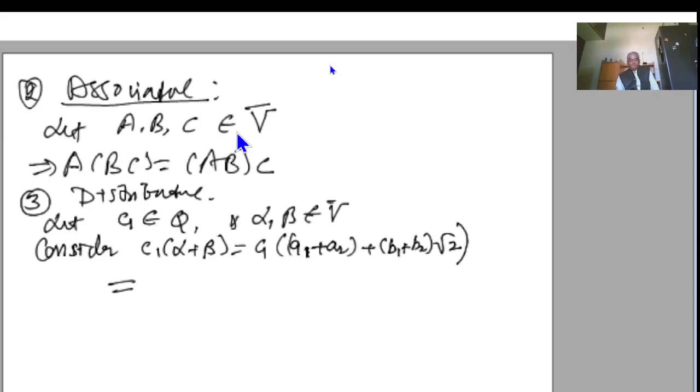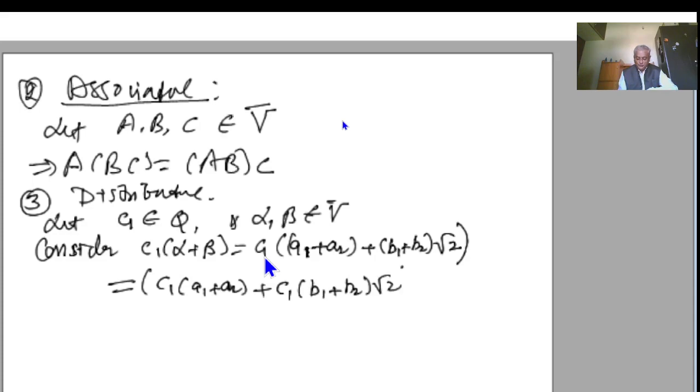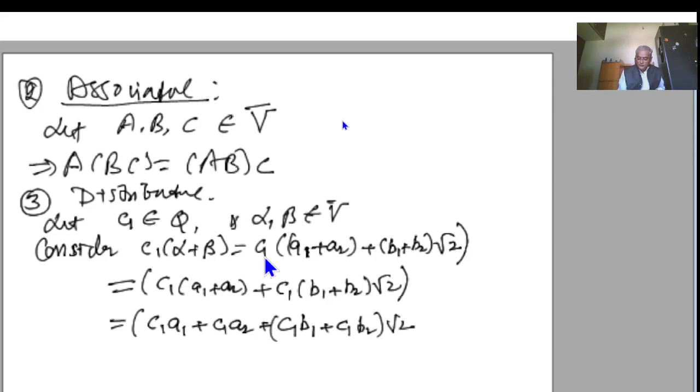I will take this C1 inside. This becomes C1 into A1 plus A2 plus C1 into B1 plus B2 root 2. This is equal to C1 A1 plus C1 A2 plus C1 B1 plus C1 B2 into root 2.